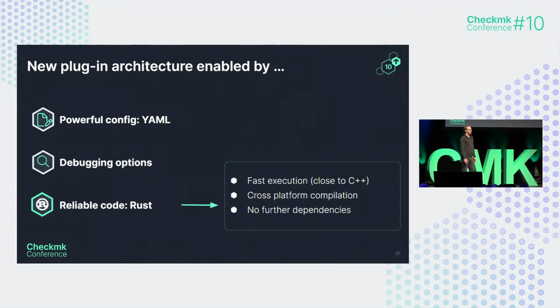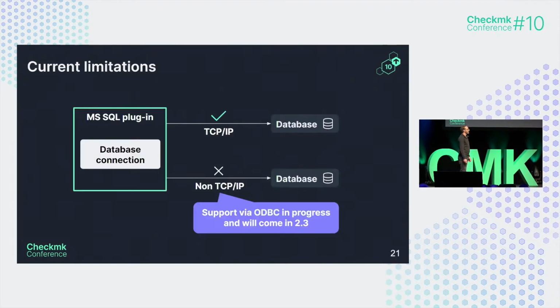But every light has its shadows. And this is also true for the new MS SQL agent plugin. When extending the functionality of a plugin in such a massive way, you need to balance between very basic and complex setups. And currently the new plugin is able to monitor complex setups much better or even at all.